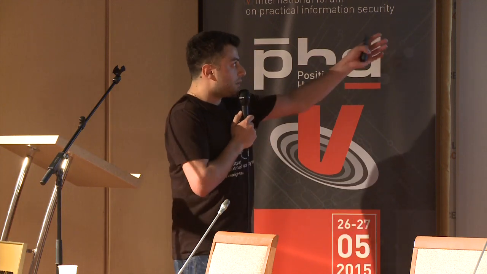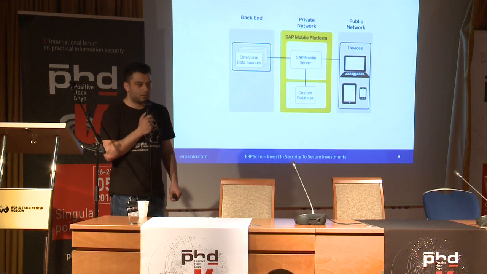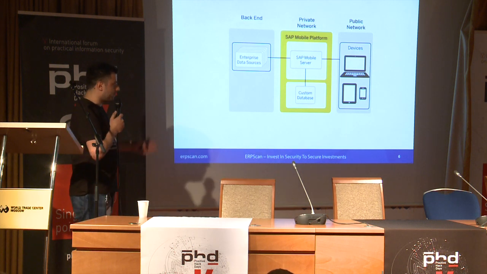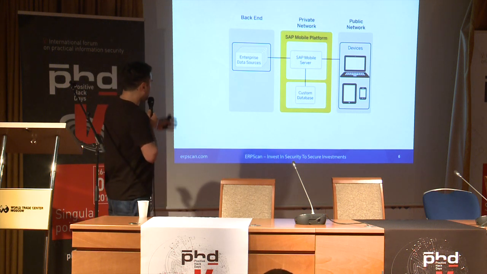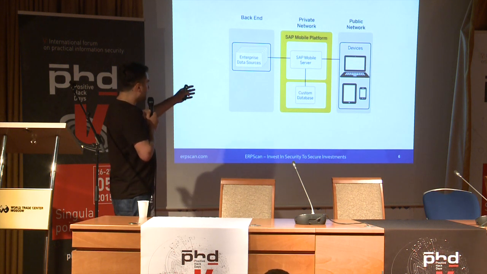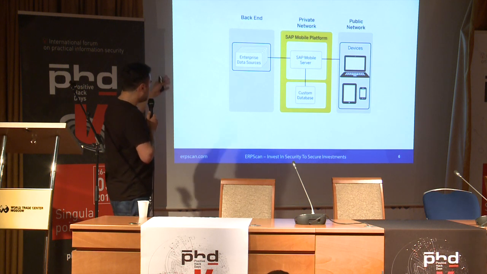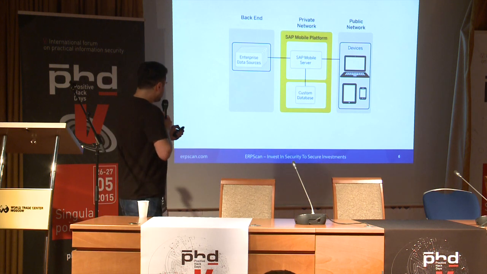It has information about devices which can connect to the SAP platform, information about the users, etc. And the third component is the back end, where the services of these ERP systems are located. SAP Mobile Platform gets the information from devices, analyzes which information from the back end should be pulled, and transfers it to the client devices.